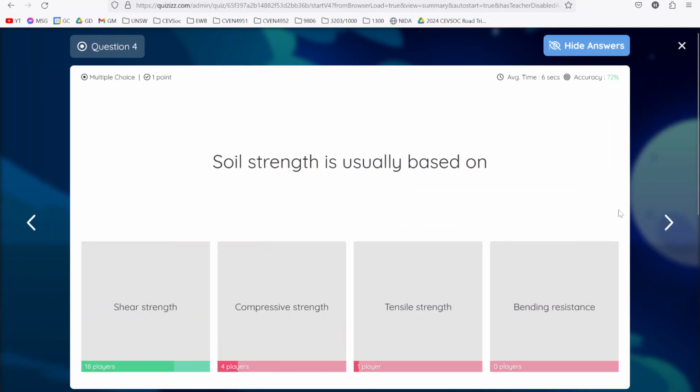Soil strength is based on shear strength. The best analogy I can come up with: if you have a big bucket full of tennis balls and you jam your hand in there, the tennis balls are going to slide off of each other.